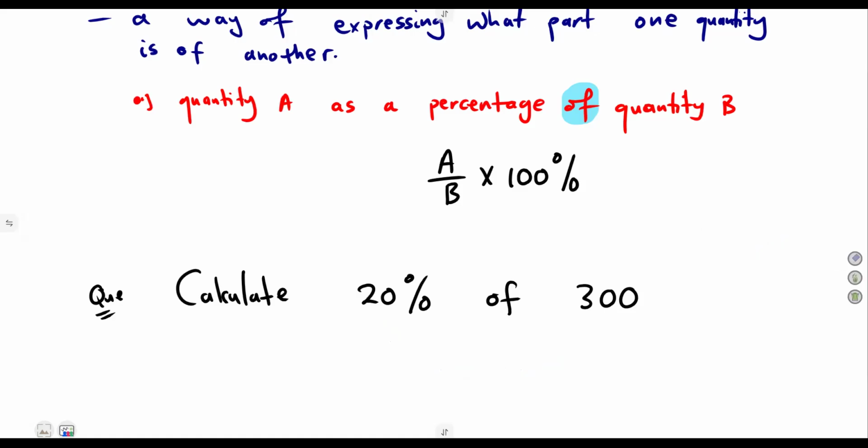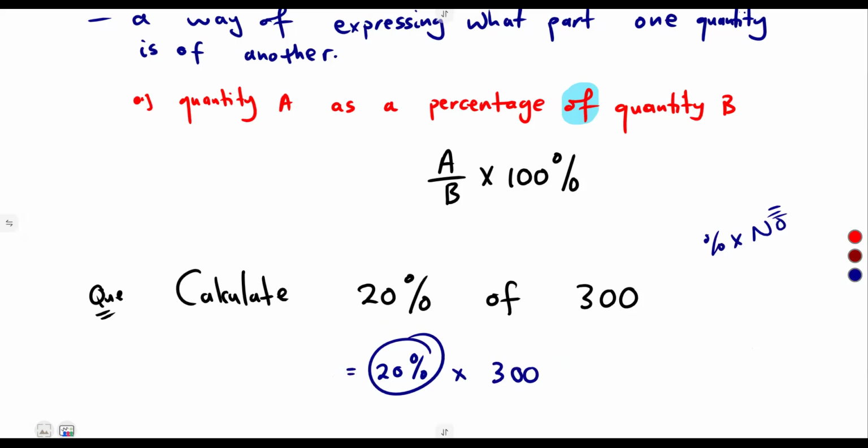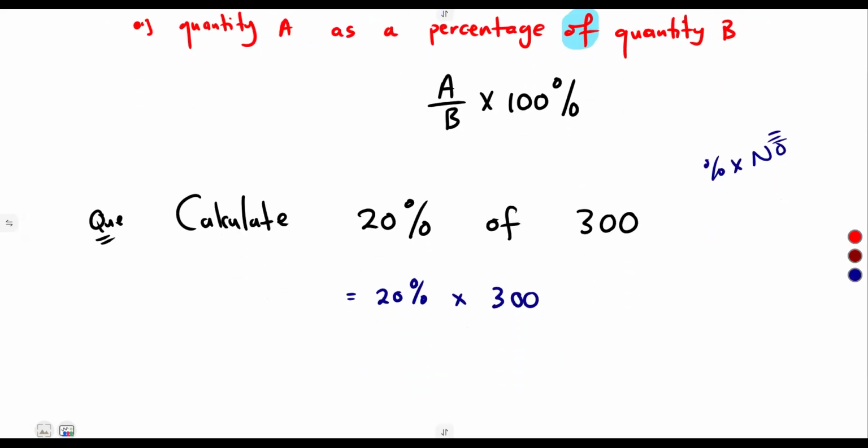So whenever you are to calculate a percentage of a certain quantity or a certain value, it is simply percentage times that value that you're given. So 20% of that number, 300, was supposed to be our solution. But how do I remove that percentage? Because I'm supposed to simplify this.